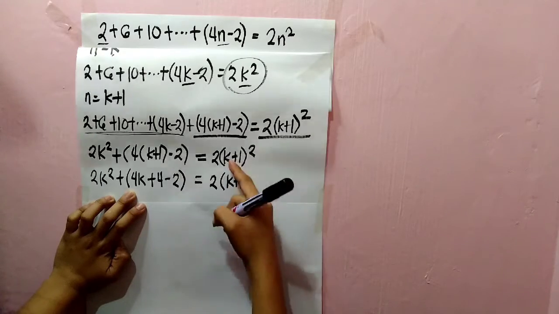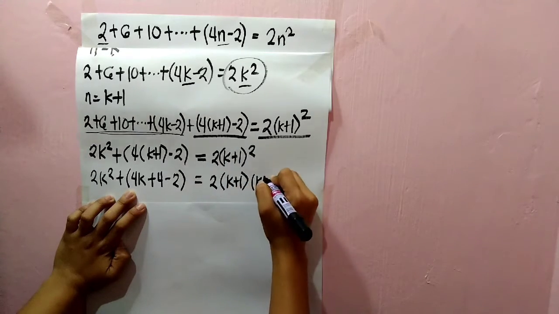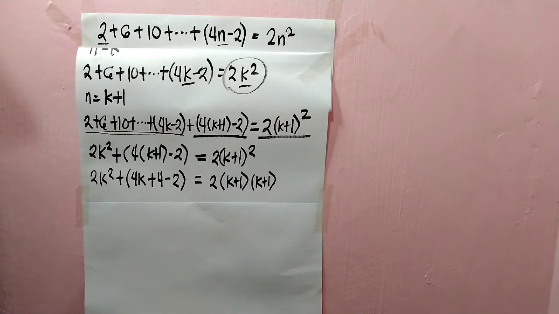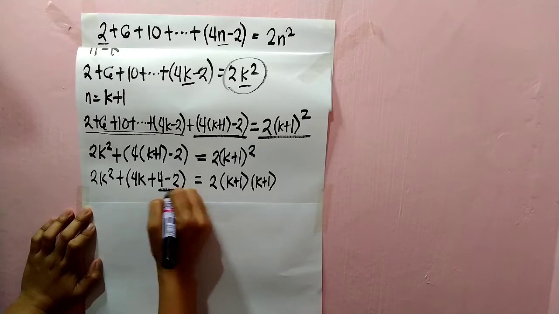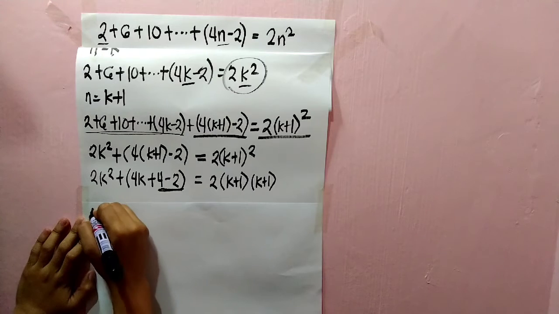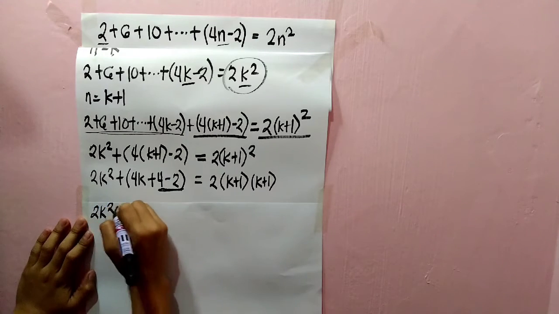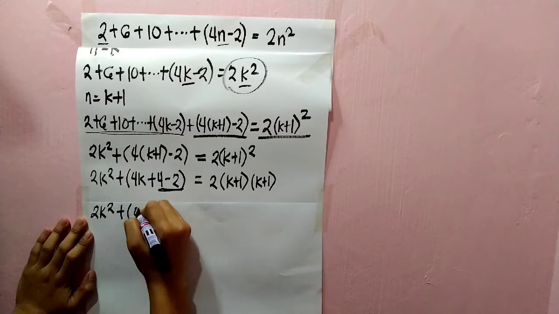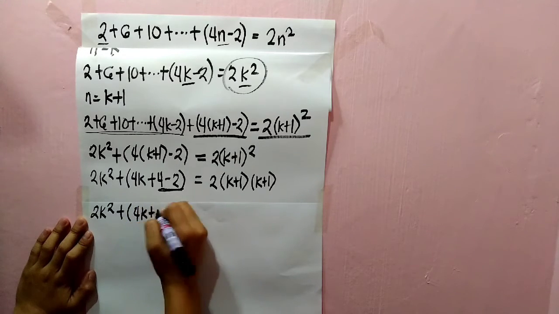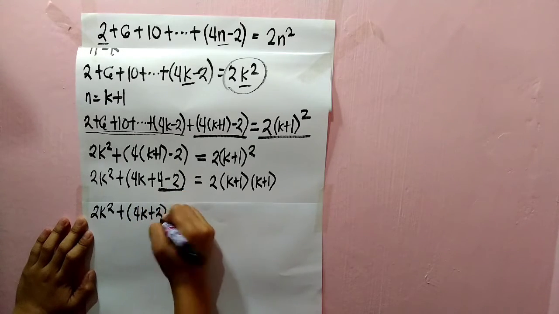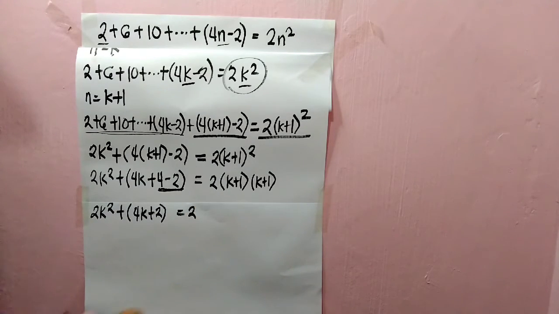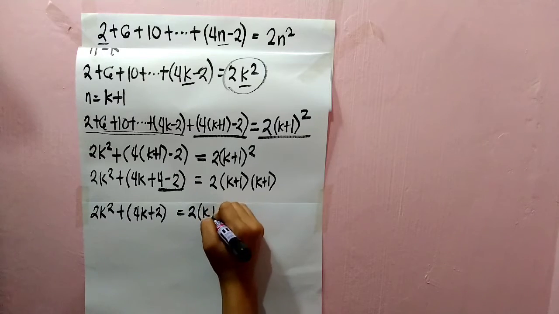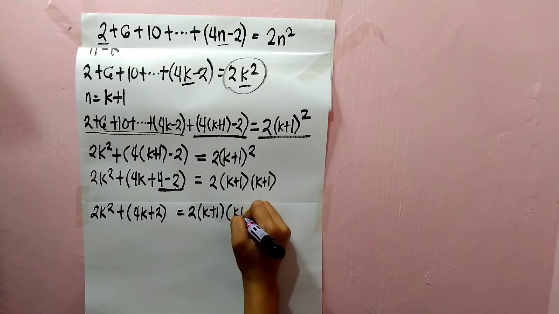Since we have (k plus 1) squared, so times (k plus 1). Then we will combine, so 2k squared plus 4k plus 4 minus 2, we have 2, equals 2(k plus 1) times (k plus 1).